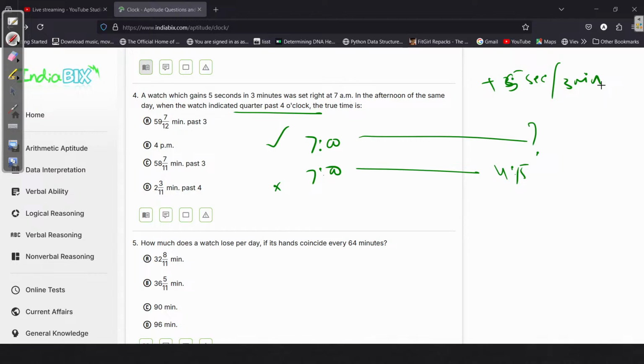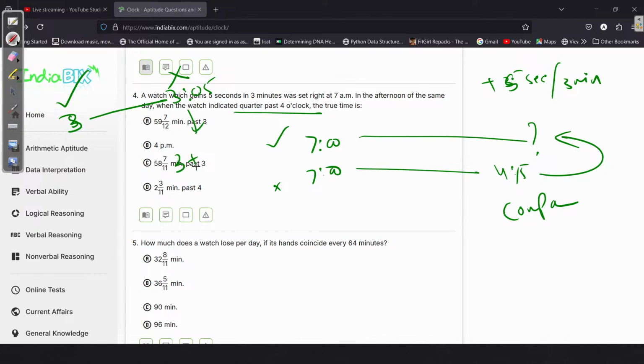Whenever you are going from faulty time to original time, you have to compare. So let's compare the terms. 3 minutes in the original clock is equal to 3 minutes 5 seconds in the faulty clock. It's better to have everything in terms of minutes, so I am going to write it as 3 minutes plus 5 by 60 minutes, that is 1 by 12.